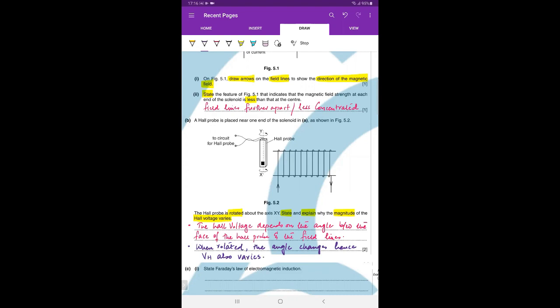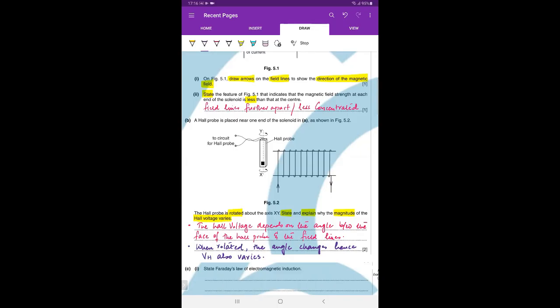Okay, so first point, the Hall voltage depends on the angle between the face of the Hall probe and the field lines. When rotated, the angle changes. Hence, Hall voltage also changes.